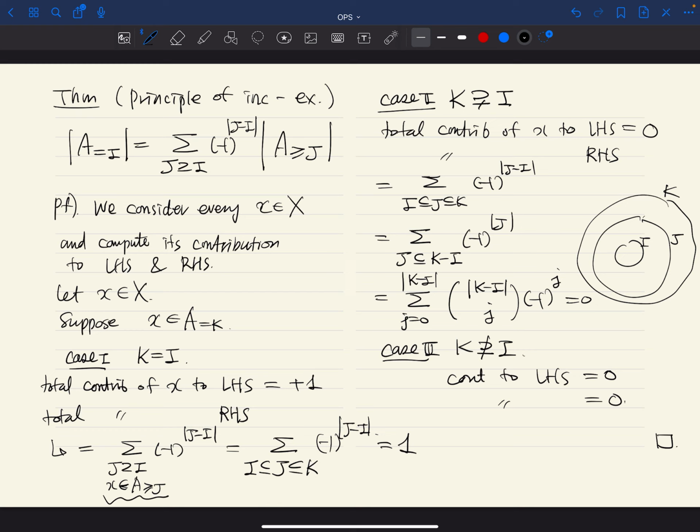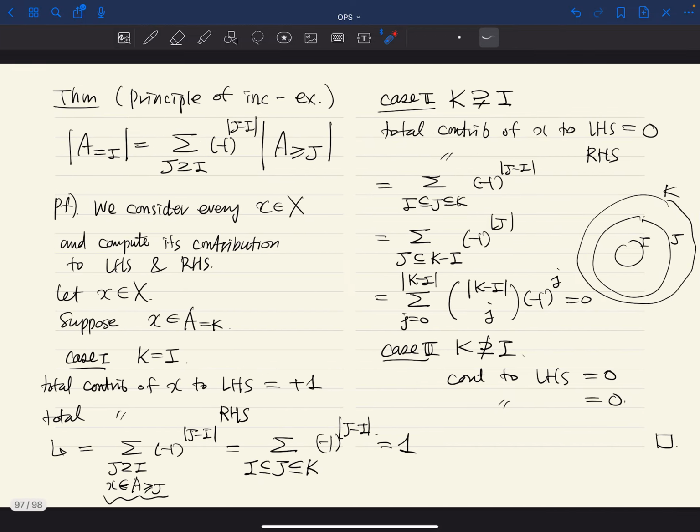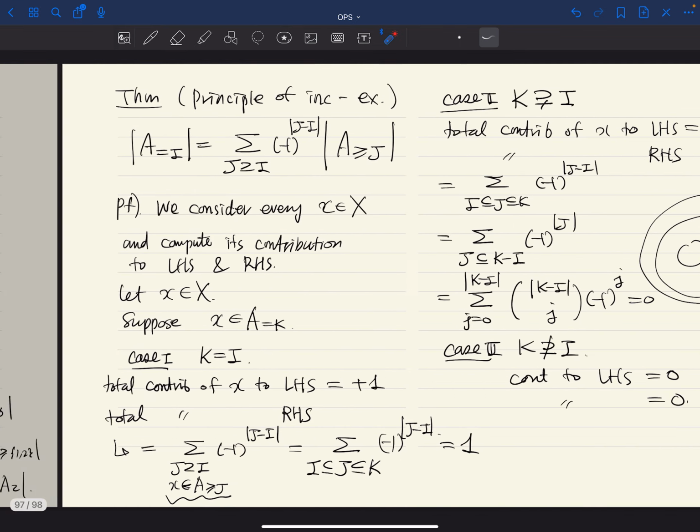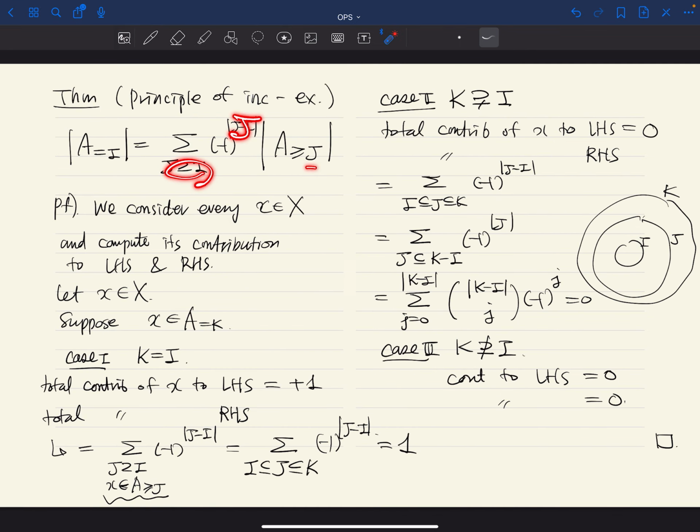So as a special case, if I is empty, as we saw before, we can take A equal to empty. This means A1 complement, ..., AN complement. And if you write the right-hand side here, the sum is over all subsets, just like we saw over here. All subsets J, it contains this.